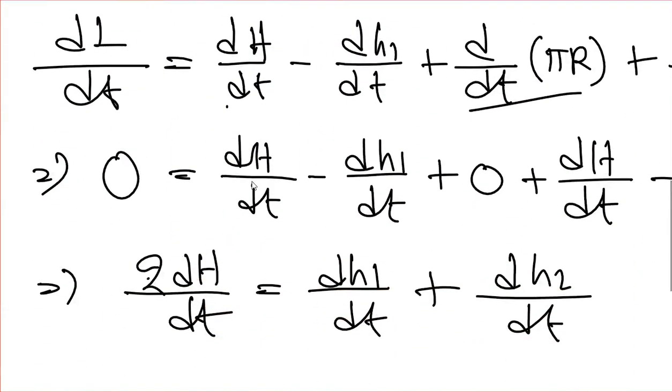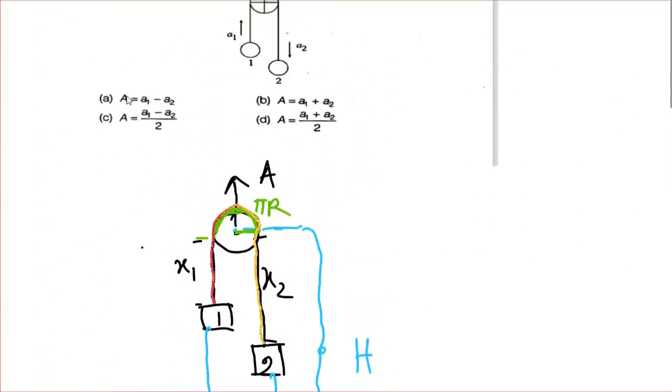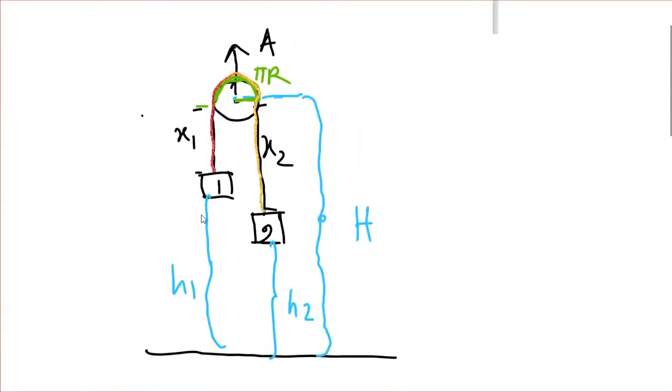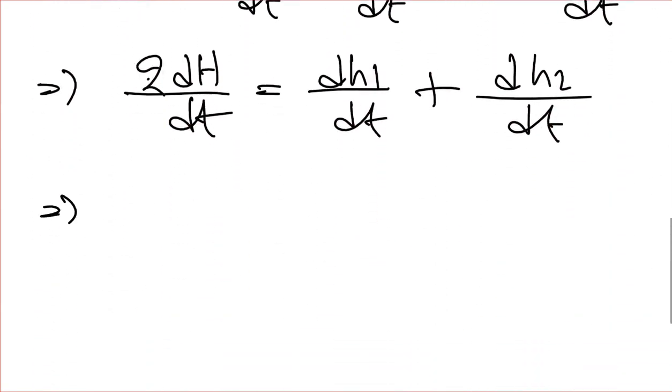So what is dH/dt? dH/dt is nothing but the change of height in 1 second. That means after 1 second the pulley moves to a certain height. So this will be the velocity, the change of height per 1 second.